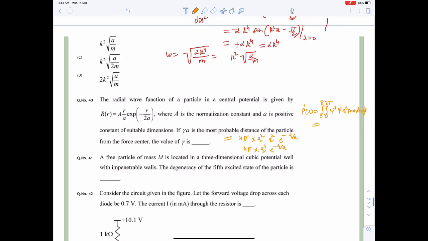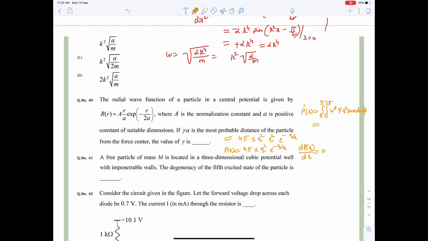Now this is your P(r), so now we have to do dP by dr equal to 0.